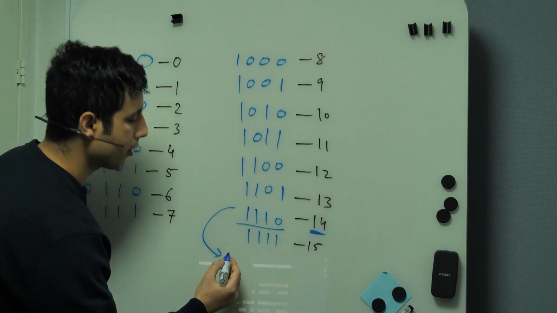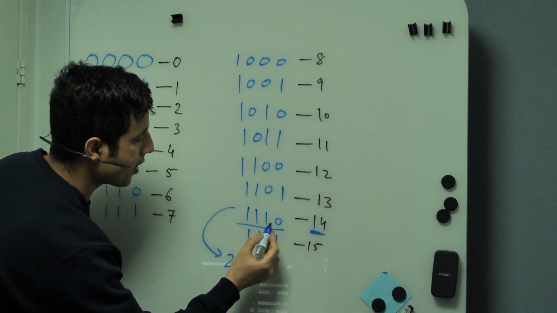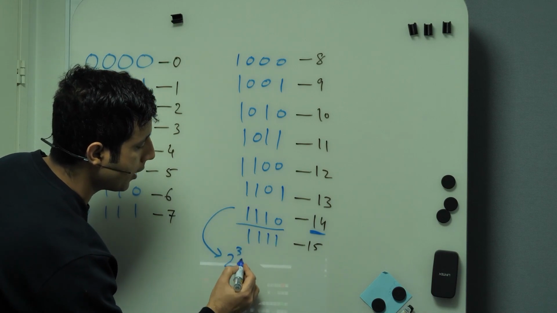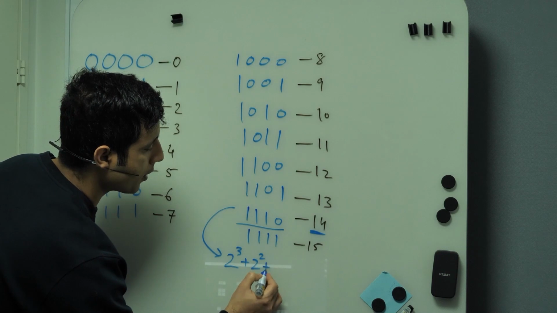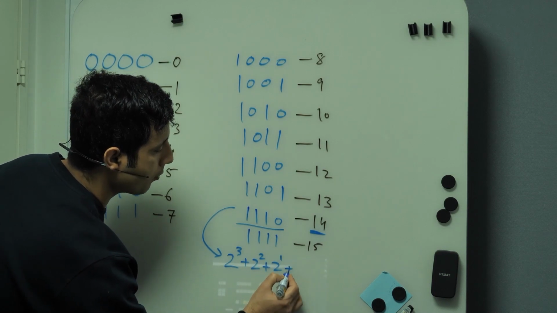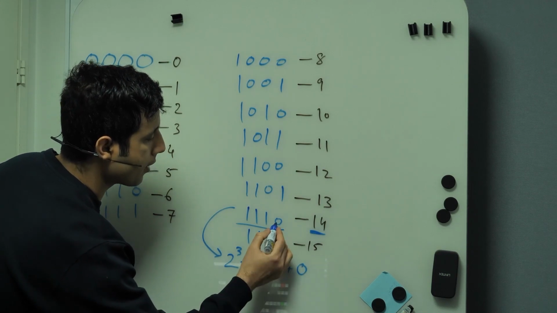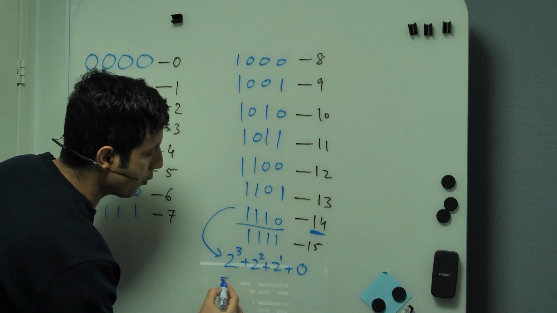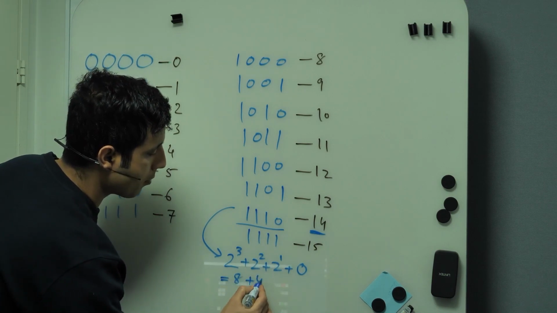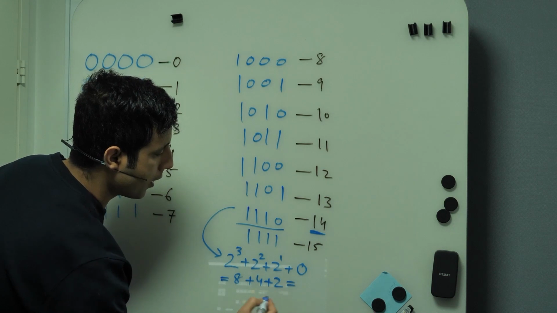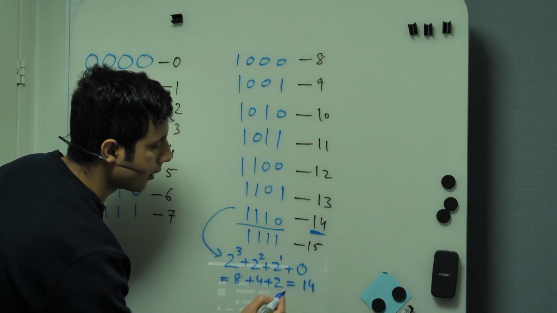For example, here we have 2 raised to the power 3 plus 2 raised to the power 2 plus 2 raised to the power 1 plus 0, because there's no 1 bit here. So this would be 8 plus 4 plus 2, and that would be 14.